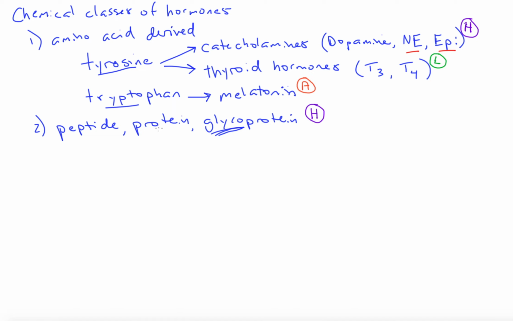Proteins are more than 50, and then glycoproteins are more than 50 with a carbohydrate group. So size and adding carbohydrates are really the only difference here. And the last thing we'll add here is this group is actually most hormones.